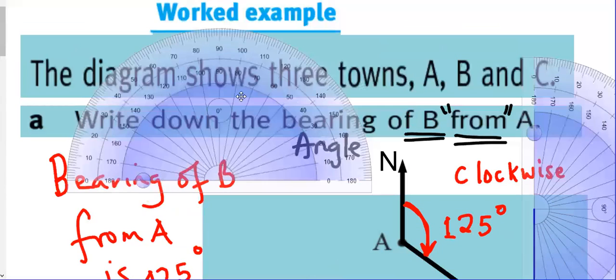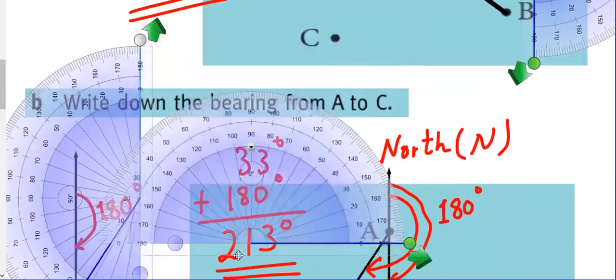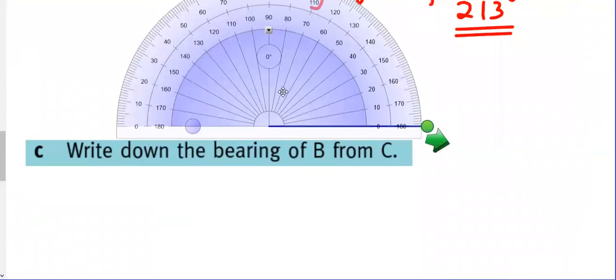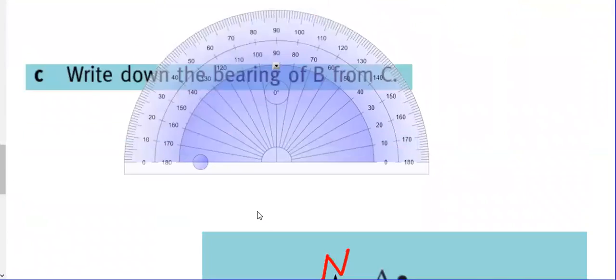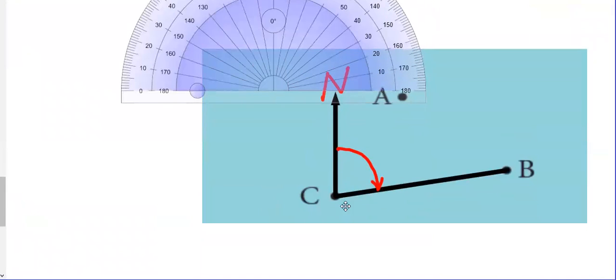Now I have my protractor in place. Take that protractor straight to your construction. Where is your construction? There we go, this is where you have constructed. How do we measure this angle?